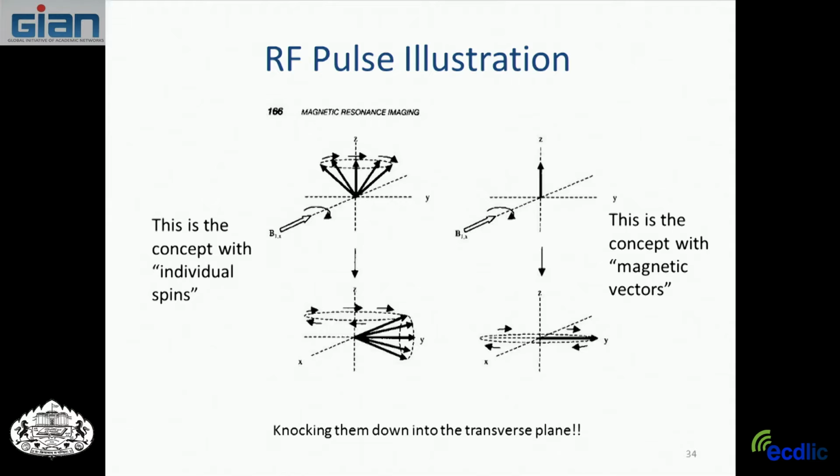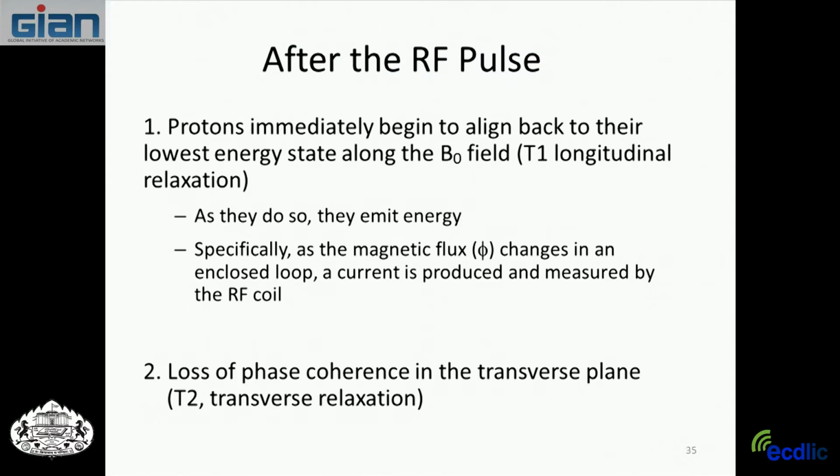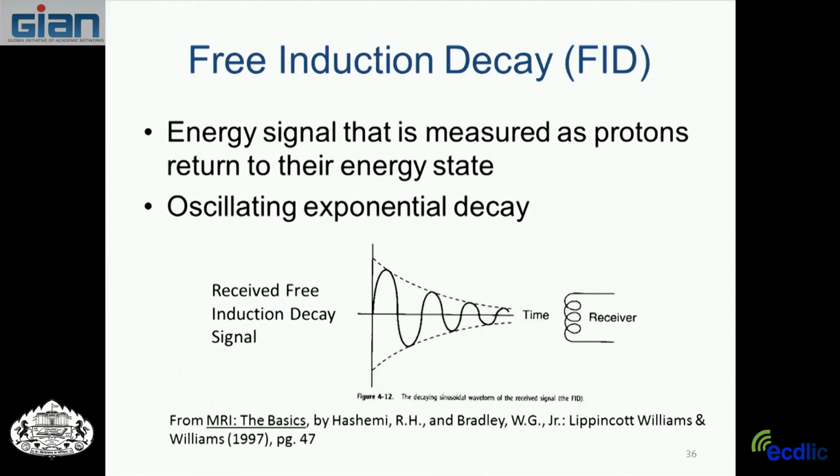So when we initially knock them down, they're all together phase-wise, and then they start to separate as they go back into the field. So again, the signal that we measure while they're doing this is called the free induction decay signal. And this is what we're measuring as they're returning to their initial energy state or their lowest energy state. So this is an oscillating signal that we measure with a receiver within the radio frequency coil.